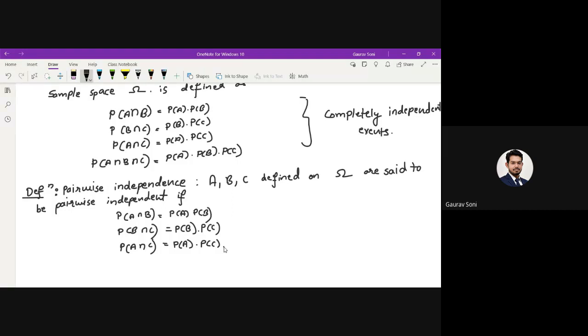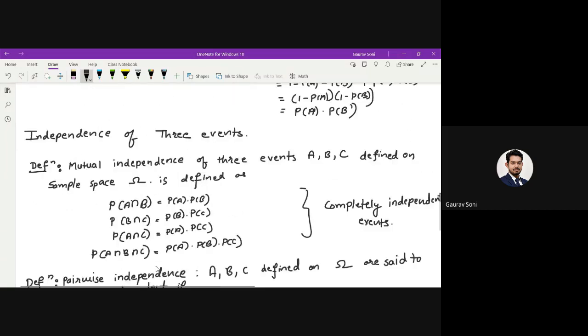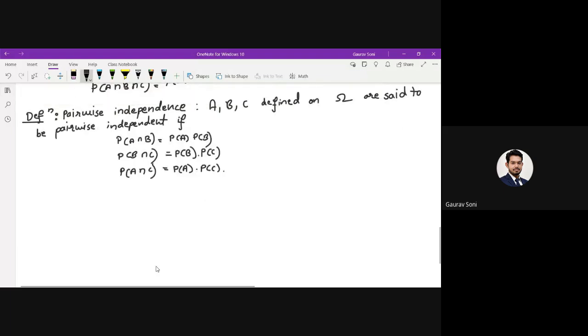So we'll solve some examples now on independence of events. Example number 1.